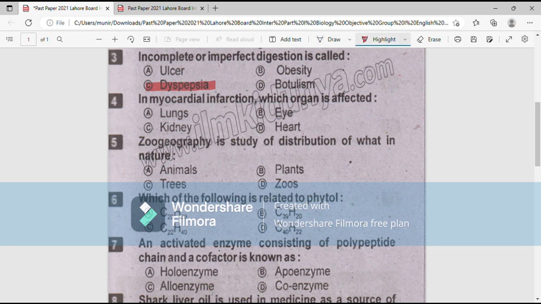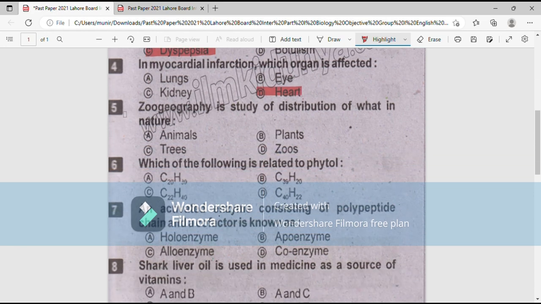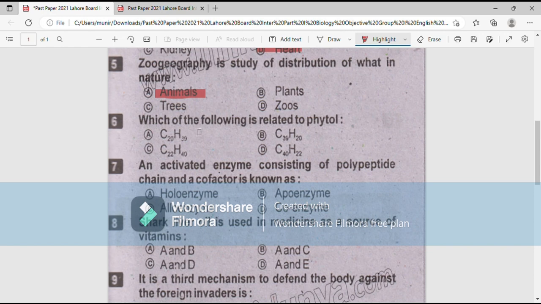The fifth MCQ is: zoogeography is the study of distribution of what in nature. Zoo means animals and geography is distribution on earth, and this is a simple MCQ. So the answer will be option A, the distribution of animals.